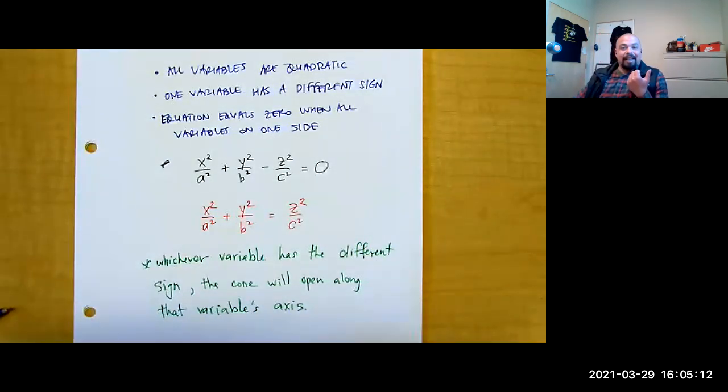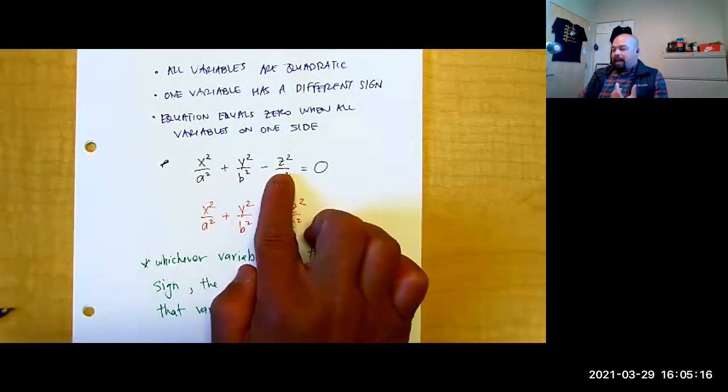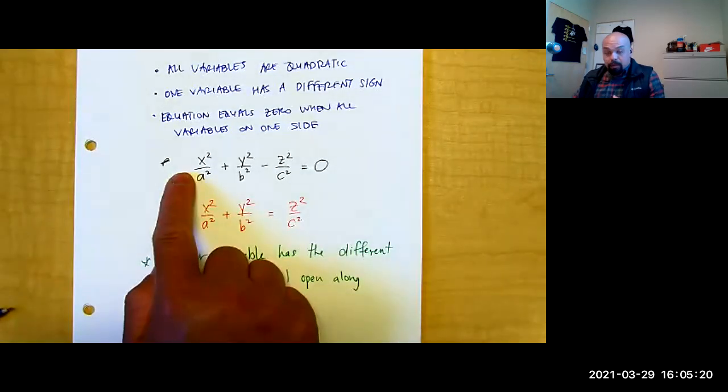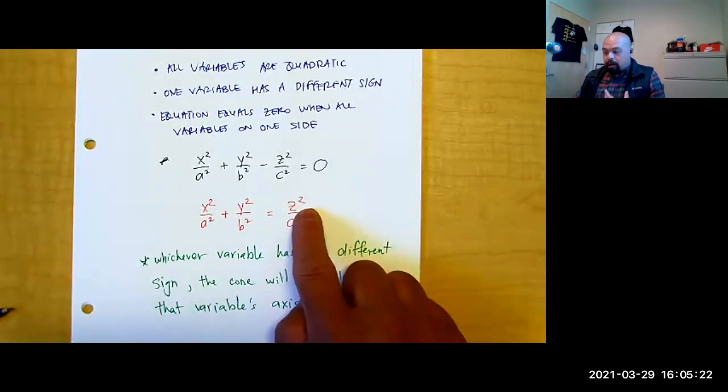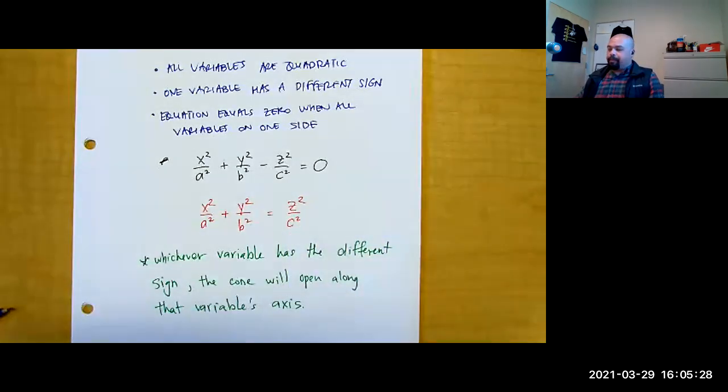So in that example, if this is the negative, the one different-sign variable is going to open in that z direction. If it was the x that was negative, or that were equal to here, x squared over a squared, then it opens along the x-axis, and similarly for the y.